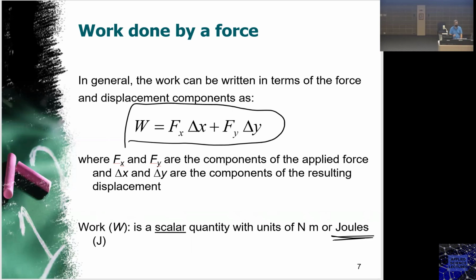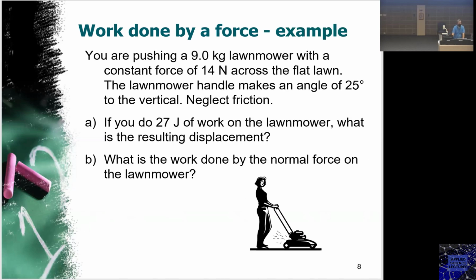You're not given the choice to choose the coordinates the way you want, such that they are aligned, for example, with the displacement. No, you're given the coordinates such that it looks general like this. So let's solve this example to understand how we calculate the work by a force.